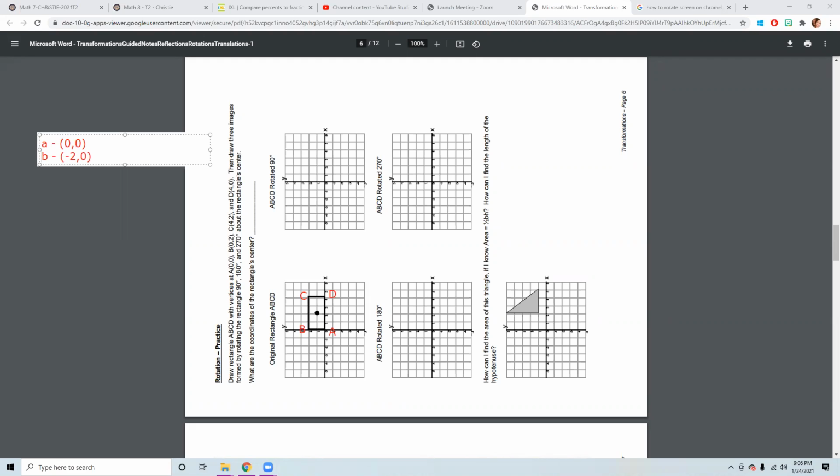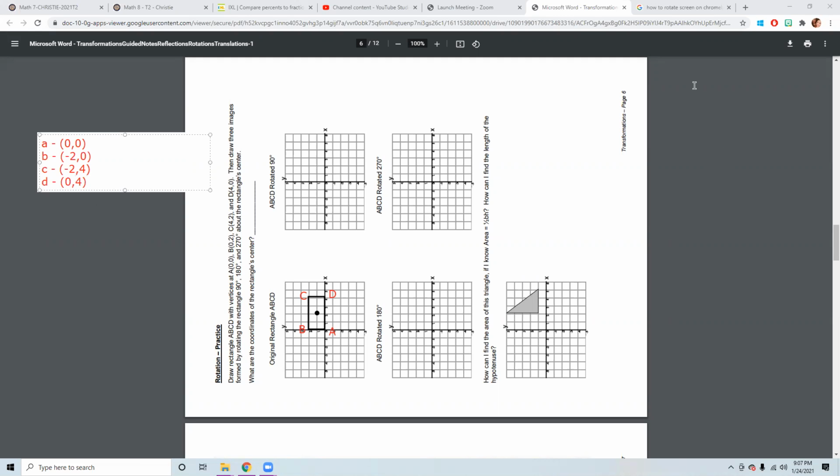There we go. C is at -2, 4, because remember this is our x, -2, +4. So let's write that down: -2, +4. And then D is at 0 because we're not moving left or right any, but we are moving up 4. So it's going to be at the point 0, 4.